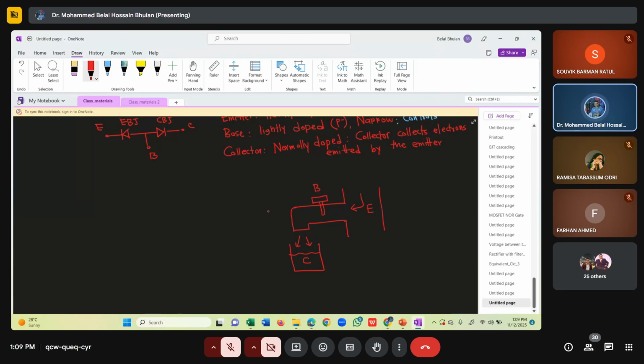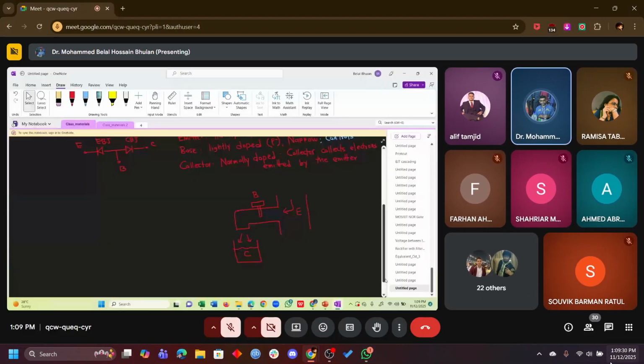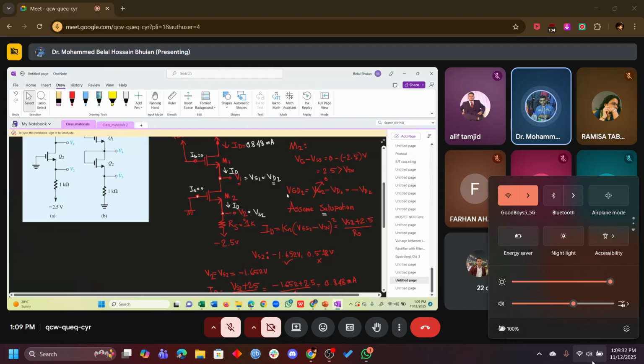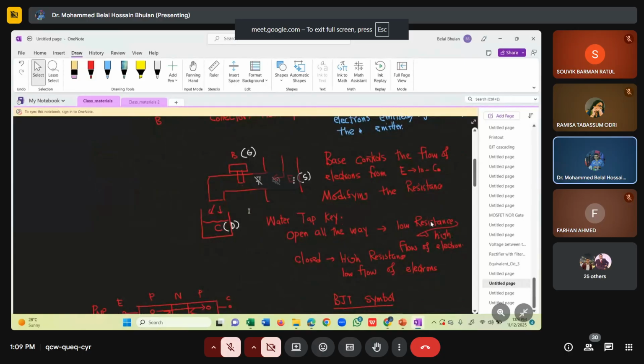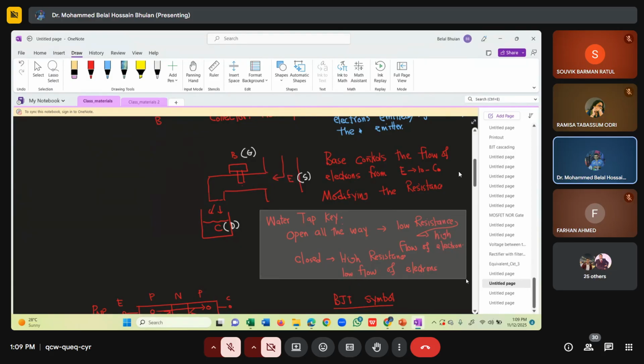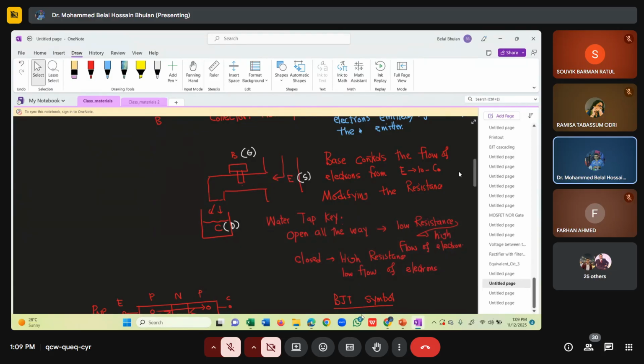So the position of the key decides the amount of water that should come out from the supply main to the collector. If it is all the way closed, no water. If it is all the way open, maximum amount of water. So the base does the controlling.